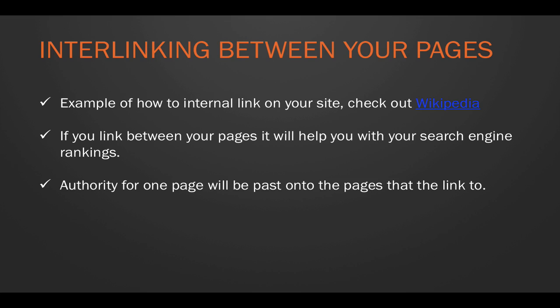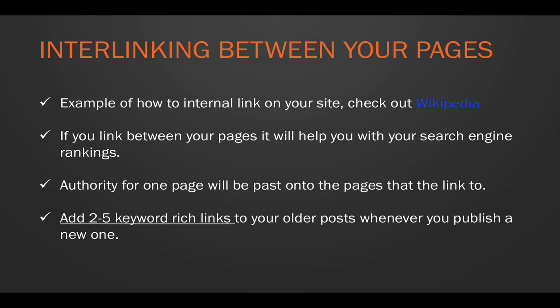Well, if that page is then linked to other pages on our site, a little bit of that authority is going to be passed on to the other pages through those links. So essentially you're helping the other pages on your website if you link to them across your site. So really the action here then is to add 2 to 5 keyword rich links to your older posts whenever you publish a new one.